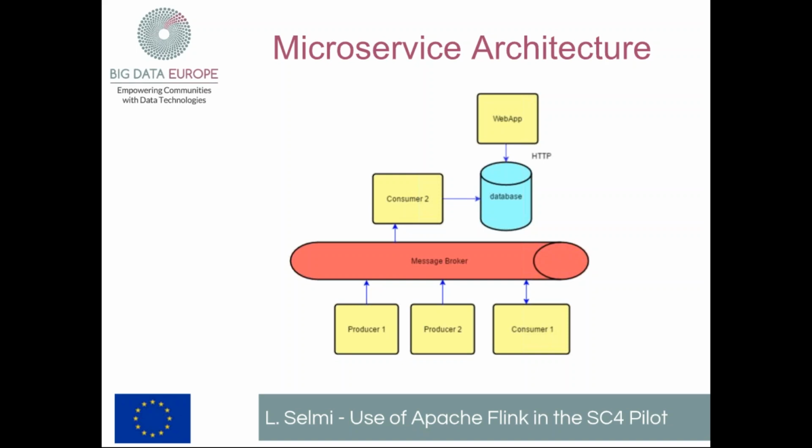Other types of processes are, for example, for training a model in order to make a prediction.